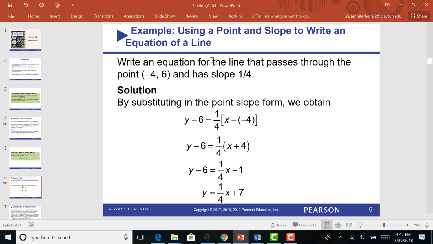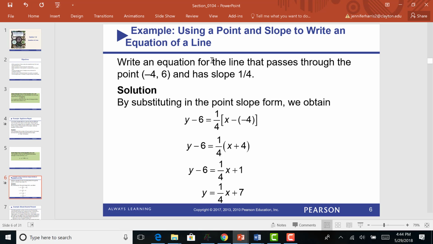Once you identify them, then step 2, plug these into the point-slope formula. Step 3, solve and get y by itself. This is what you're going to do for this situation.